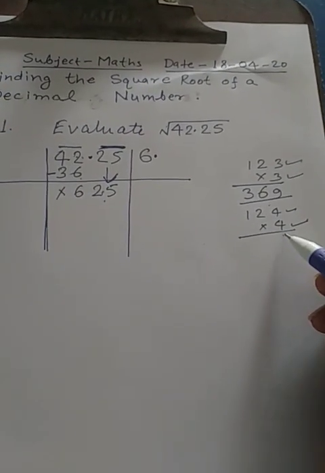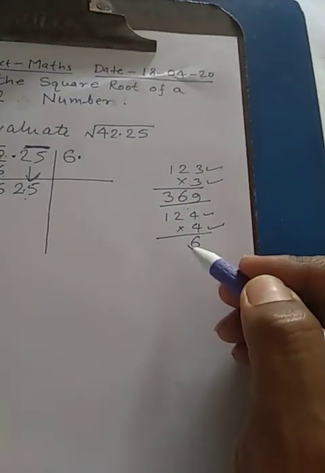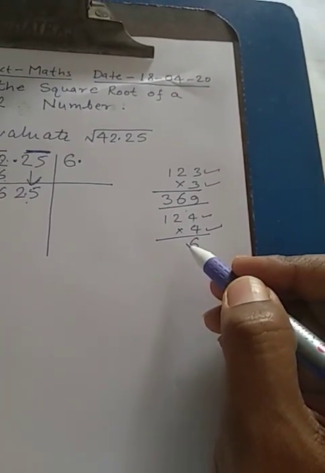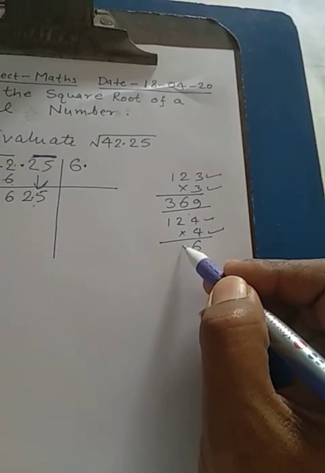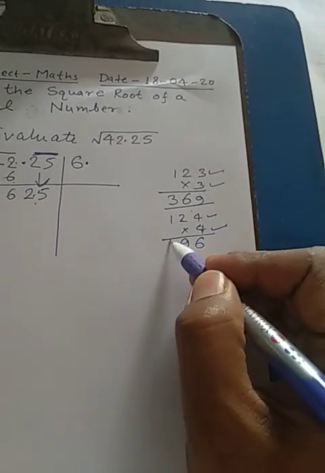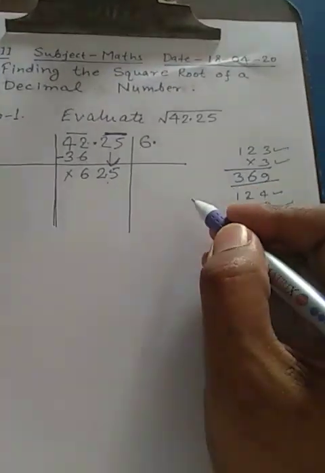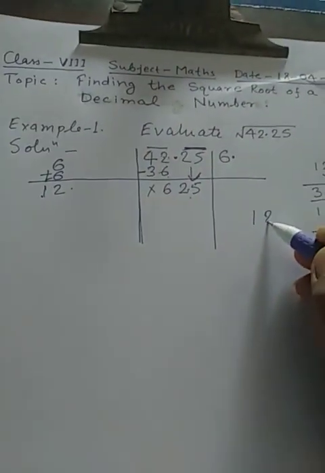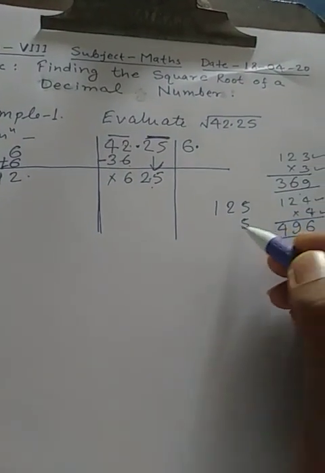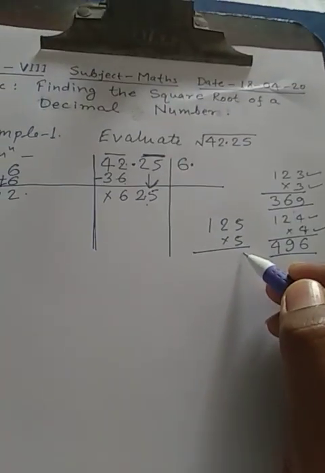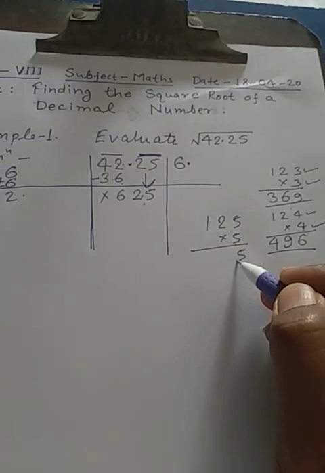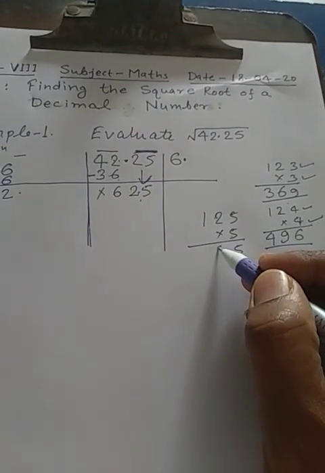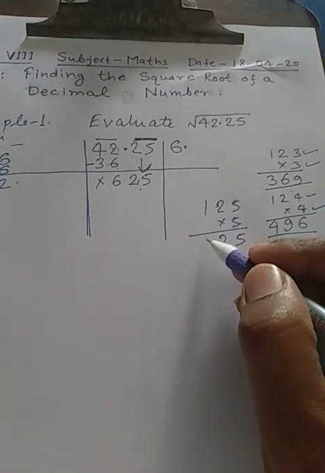4 4s are 16, 6, 1 carry; 4 2s are 8, 9; 4 1s are 4. It is also less than 625. So again we have to use 125. Then 5 5s are 25, 2 carry; 5 2s are 10, 12, 1 carry; 5 1s are 5, 6.